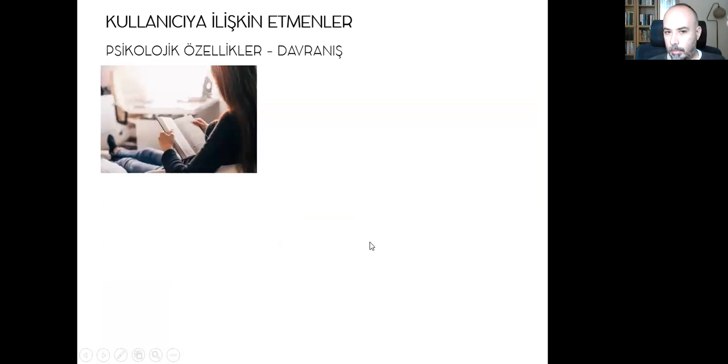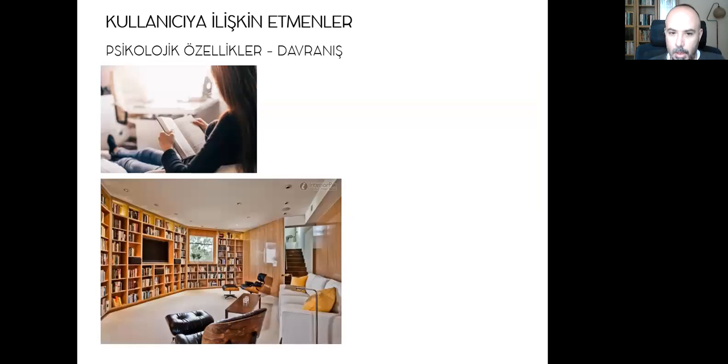Let's say that my user has a high level of intellectual capacity. They read a lot. They are well readers. Then this may mean that they have lots of books. Then I have to create a nice library somewhere that they can store their books and reading chairs, maybe reading spaces, again with a nice lighting and a comfortable surface, a silent area maybe.